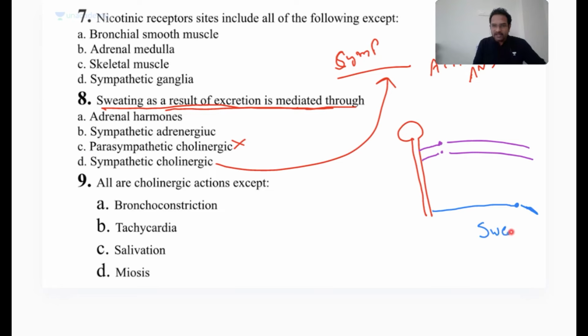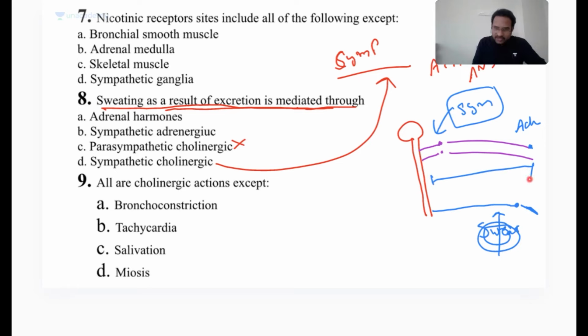Now, sweat gland innervation is related to this one. Sweat gland innervation is because of the sympathetic nervous system. So though the neurotransmitter released is acetylcholine, anatomy wise it has a short preganglionic neuron and a long postganglionic neuron. It is considered as sympathetic cholinergic.